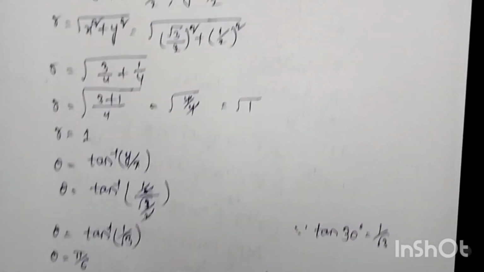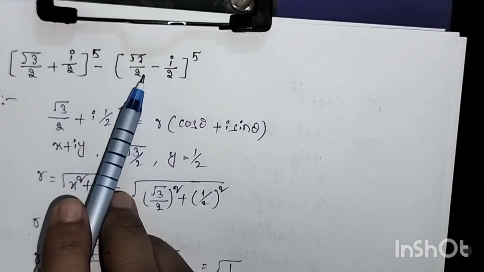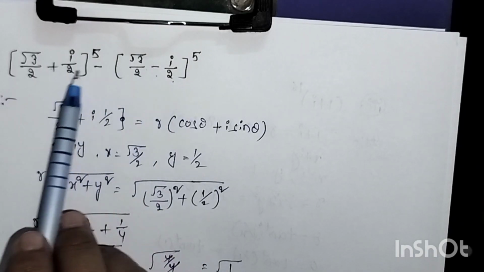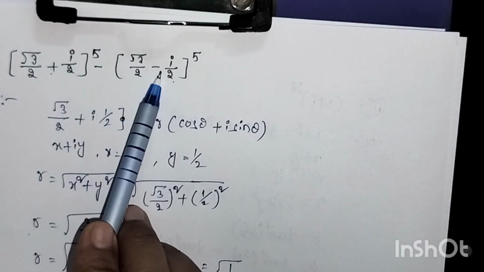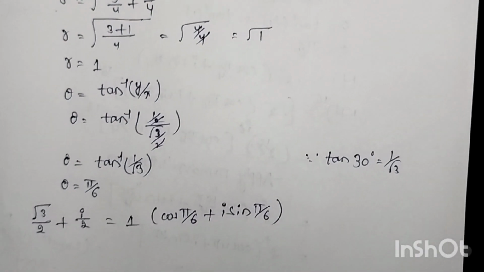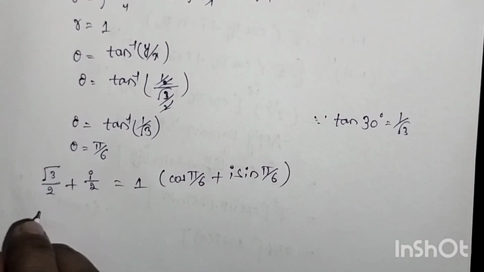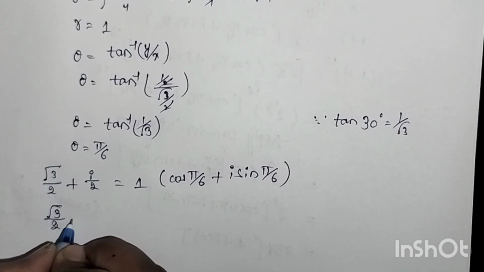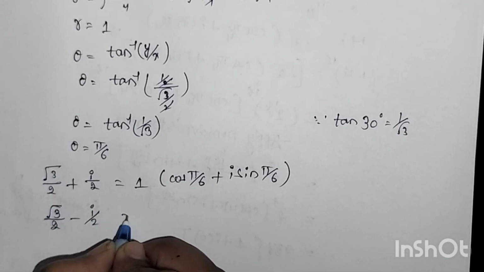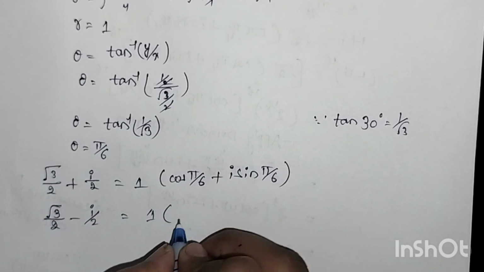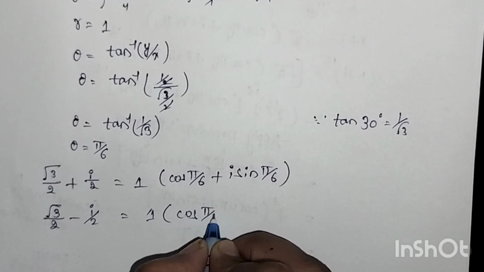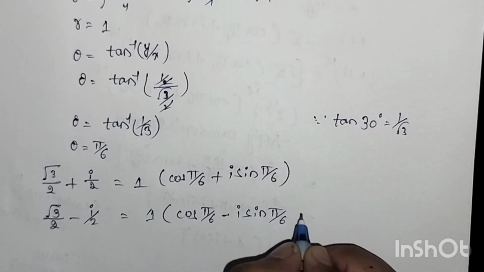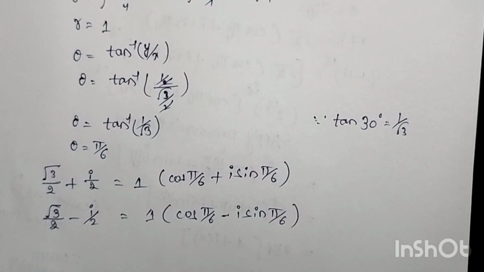Similarly, for root 3 by 2 minus i by 2, only the symbol changes. Here there is plus, there is minus. So root 3 by 2 minus i by 2 equals 1 into cos pi by 6 minus i into sin pi by 6. We change only the symbol.